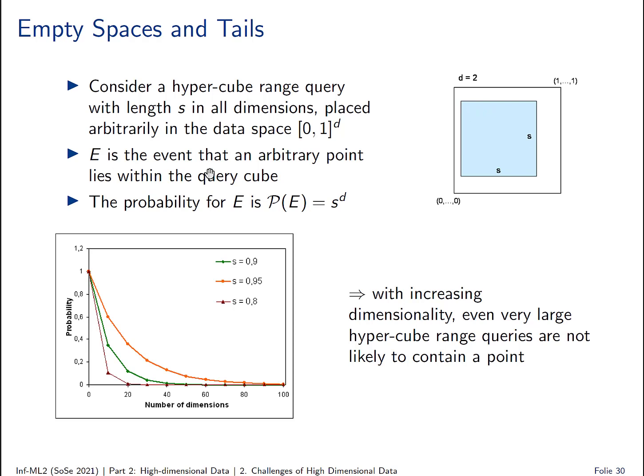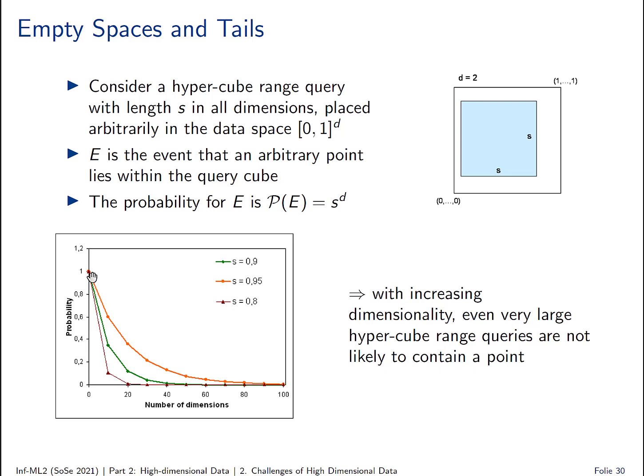E is the event that an arbitrary point lies within this blue shaded area, within this hypercube range query. And the probability for this event is s to the power of d. So with increasing dimensionality, even very large hypercube range queries are not likely to contain any point.